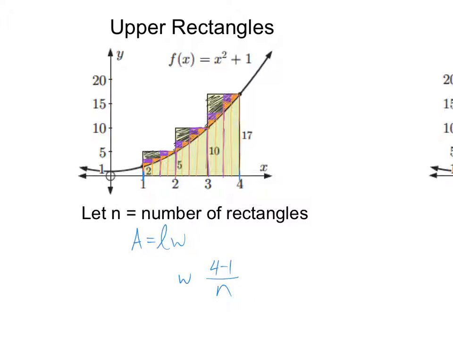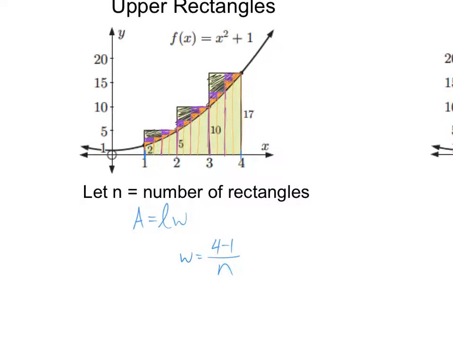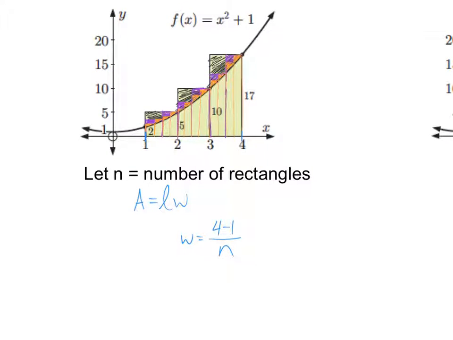My length, or in this case you could think of it as height, is going to be the y coordinate on the right-hand side. If I'm starting at 1, I need to add this width a certain number of times, depending on which rectangle I want.